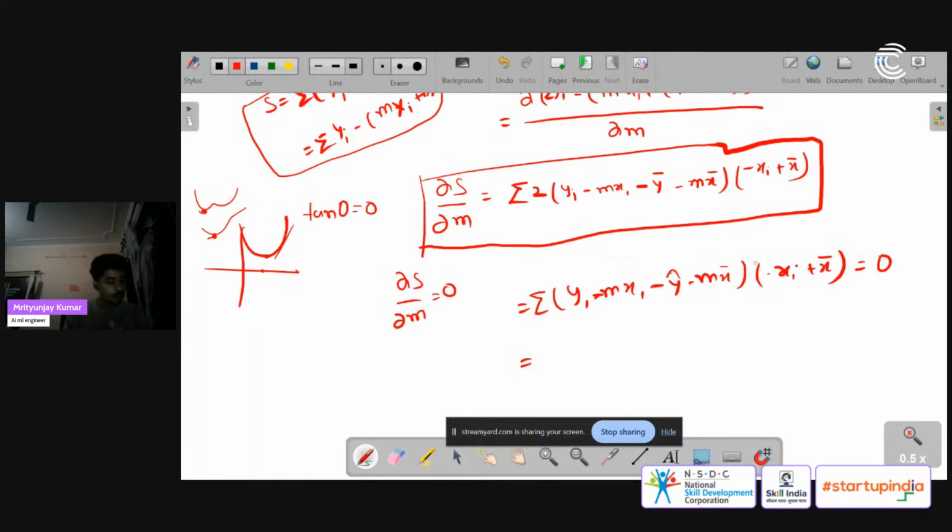We are just going to multiply them, or we can calculate them like this: we put (y_i minus y bar) in one section, and if you take the common m from both of them, what will you get? m (x_i minus x bar), with bracket (x_i minus x bar) equal to 0, right?